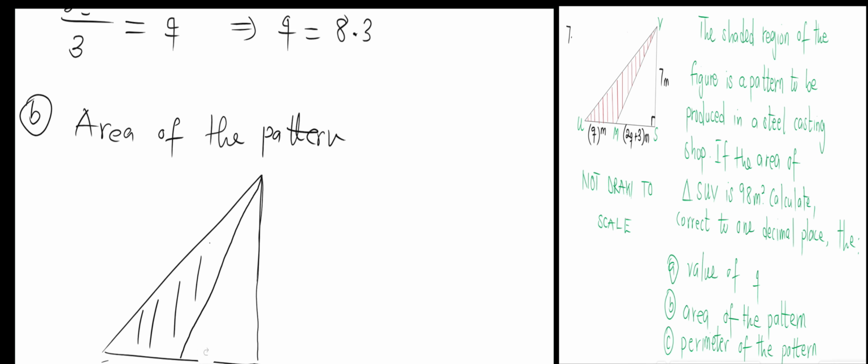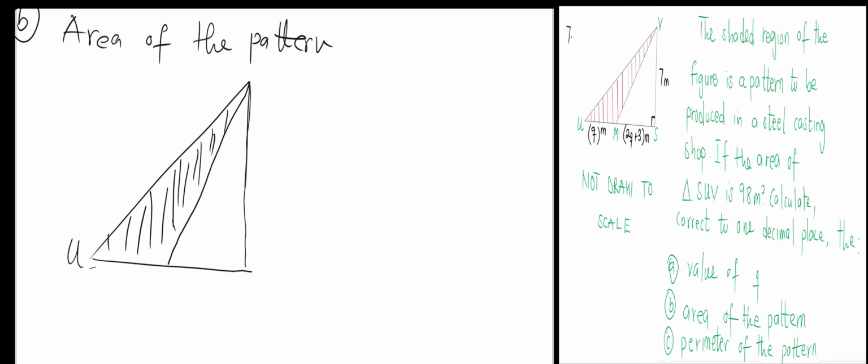So this is the area that we are supposed to work on, that is the area of the pattern, and that is triangle UMV. You know here to be 7 meters. So we are going to just focus on triangle UMV, and find the area of triangle UMV.